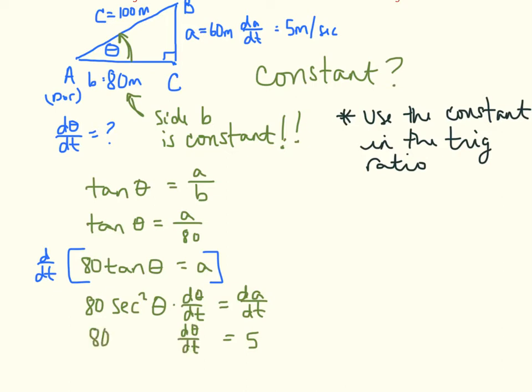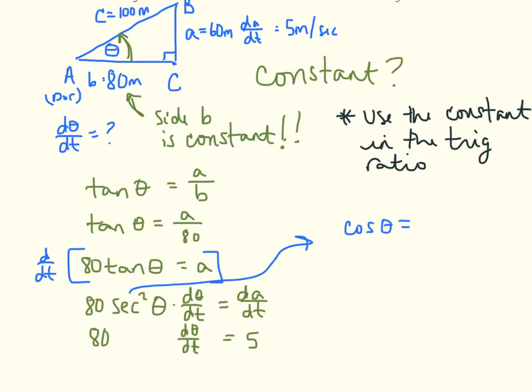Now what about the secant squared of theta? Well, we're going to get that from our trig ratio that we can find in our right triangle. Hopefully you know that secant is the reciprocal of cosine of theta. And so if I can recognize what the cosine of this angle is using the sides that I have in my triangle, then I can just take the reciprocal and use that fraction in my problem.